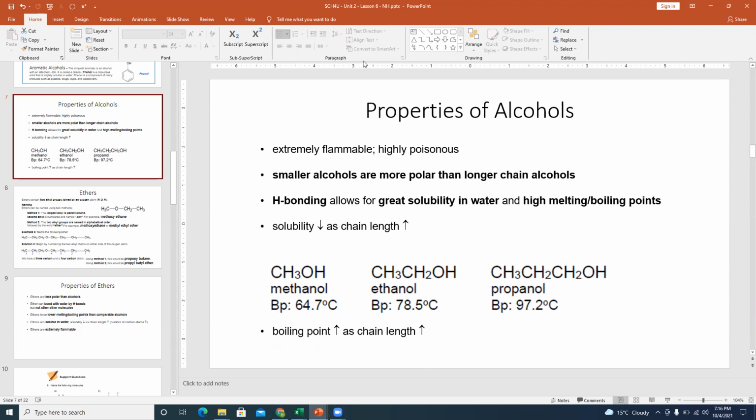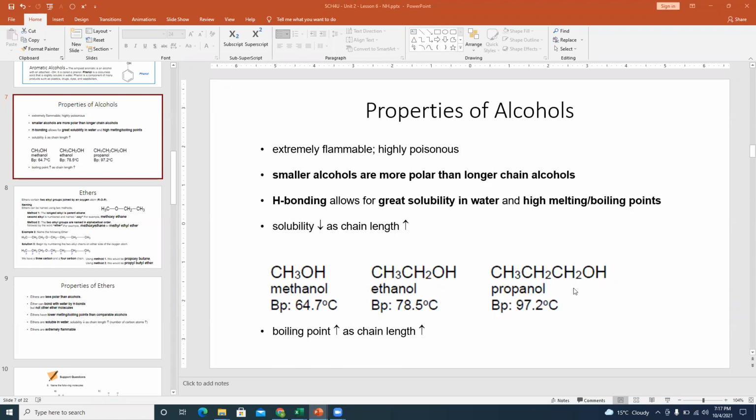Anybody? Who have we got? Maybe because there are more electrons? Yep, you're on to the right chain of thought. Yep, more electrons. What kind of intermolecular forces are we talking about when we're talking about long hydrocarbon chains?